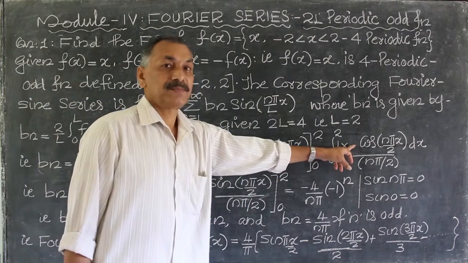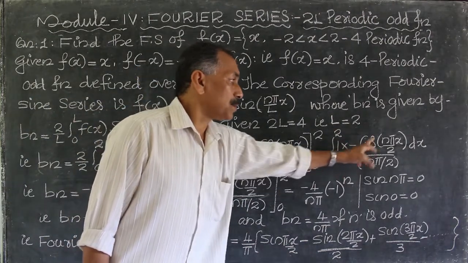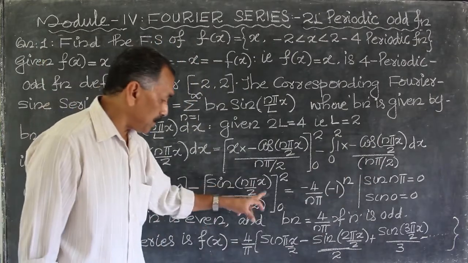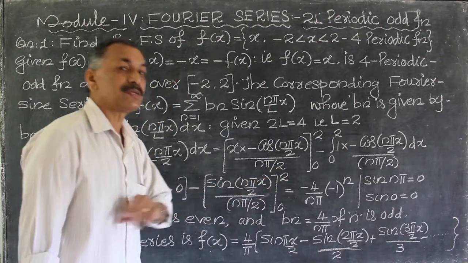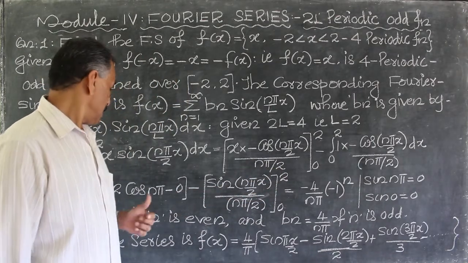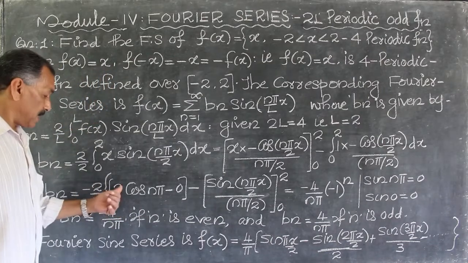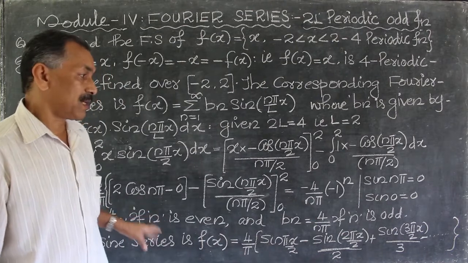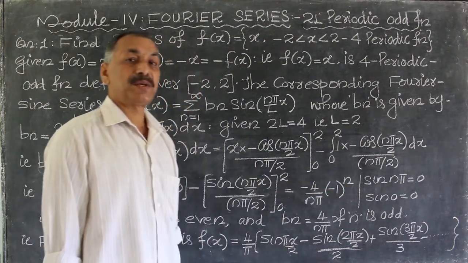Minus this integral 0 to 2 of cos n pi by 2 x dx. The integral of cos n pi by 2 x is sin n pi by 2 x divided by n pi by 2, between the limits 0 to 2. So the first term is minus 4 by n pi cos n pi. What is cos n pi? Cos n pi is equal to minus 1 raised to n.